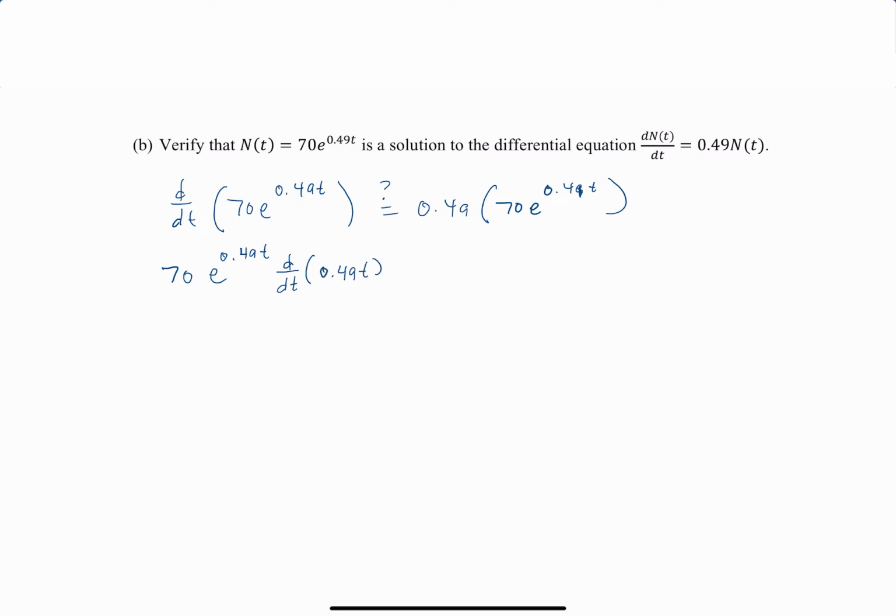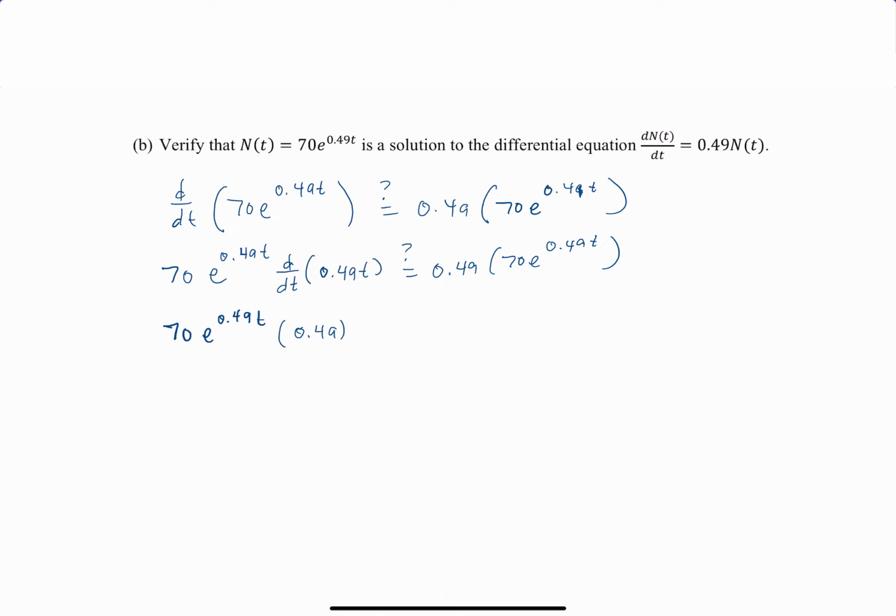And again, I'm wanting to know, is that going to come out to be equal to the right-hand side? So let's see. On the left-hand side, I have 70 times e to the 0.49t, and then the derivative of the exponent is 0.49.